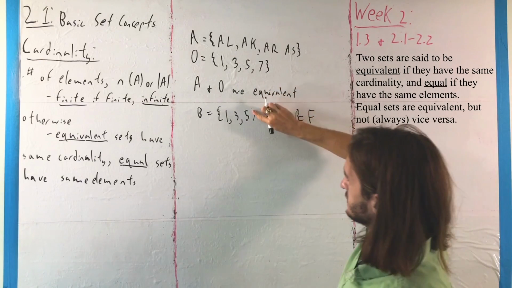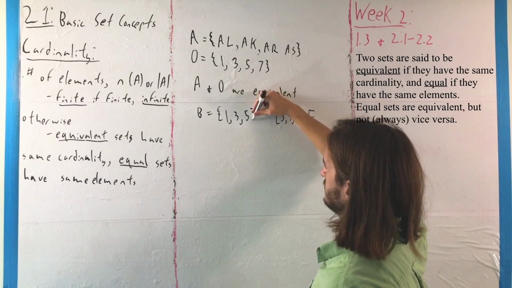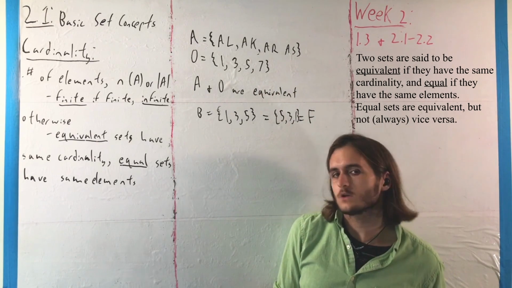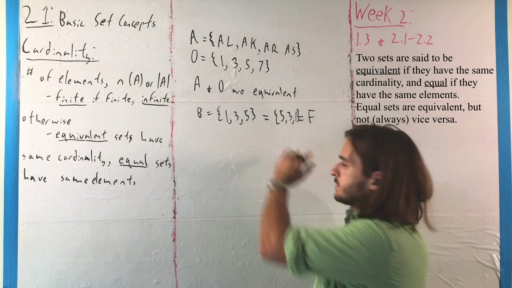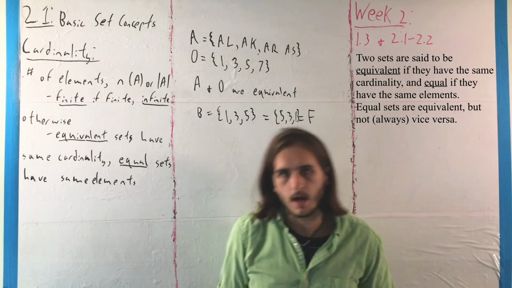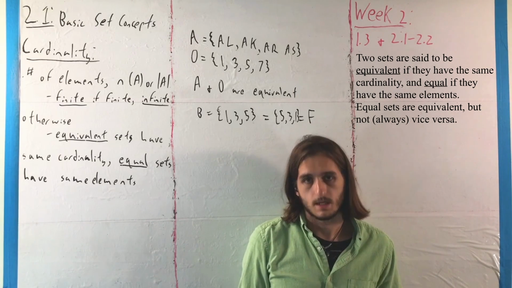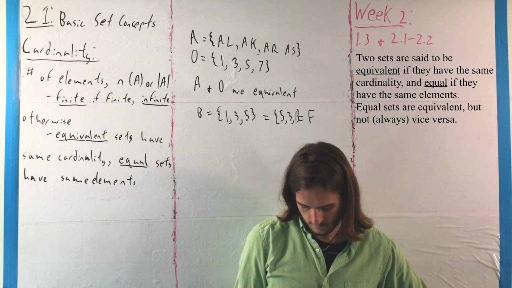It's the laziest curly brace I've ever drawn. That's a parenthesis. These are equal sets, because like I said earlier, order doesn't really matter when it comes to sets. These are the same things whether we put them top to bottom or bottom to top. So those are the same sets. Those are, as we say here, equal.